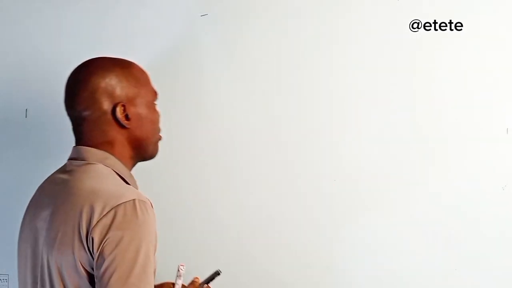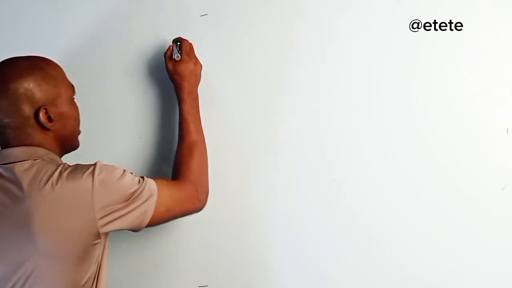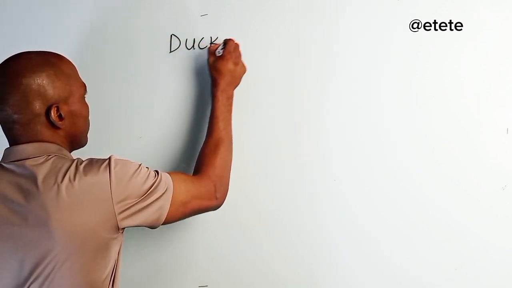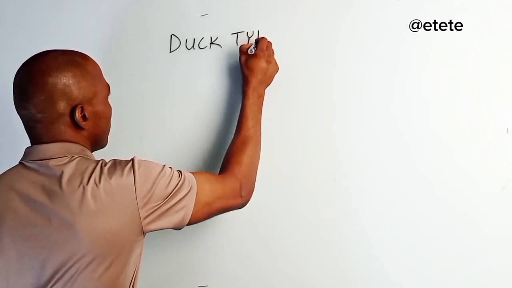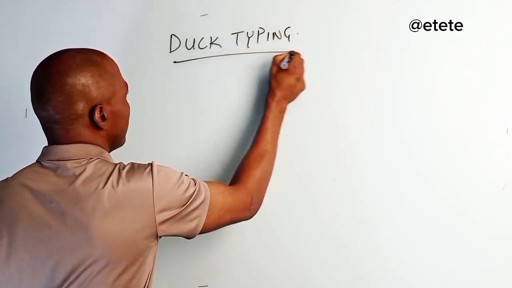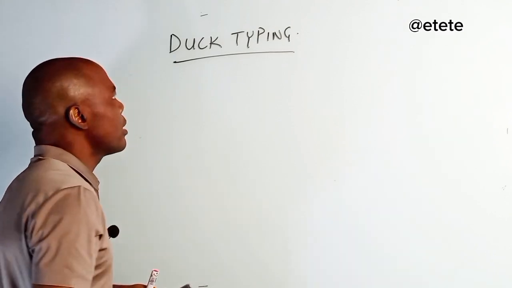I told you in the last class, you are giving an appointment to somebody because he's competent, not because he is from the area that it is their turn, right? That is the meaning of duck typing. So let's look at it. Now we are looking at duck typing.